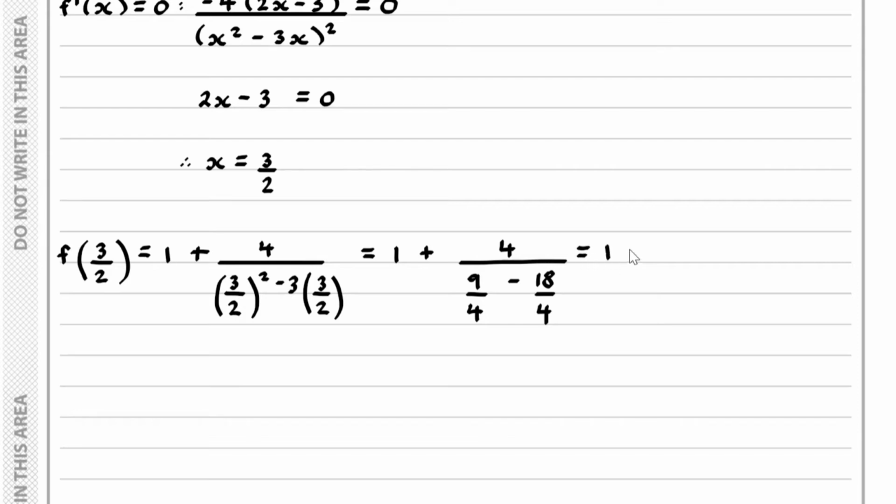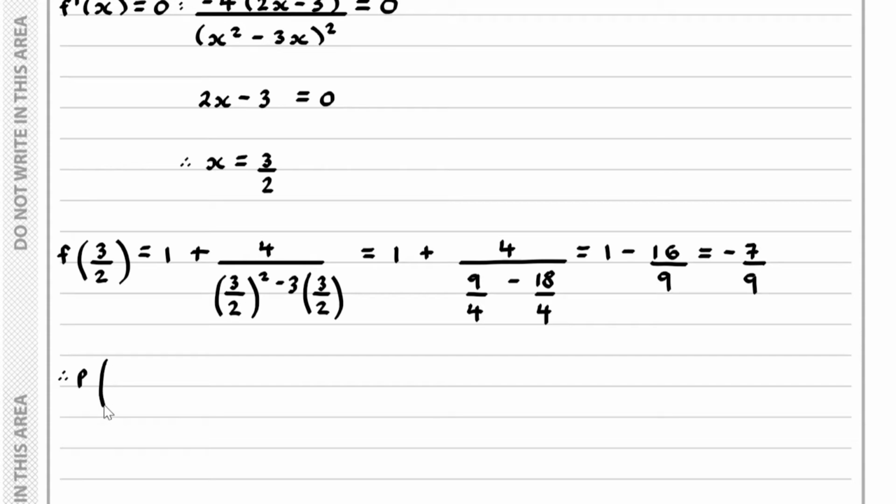So we have 1 plus, well, here we have 4 over negative 9 over 4, so that will be the same as 1 subtract 16 over 9, which is the same as negative 7 over 9.